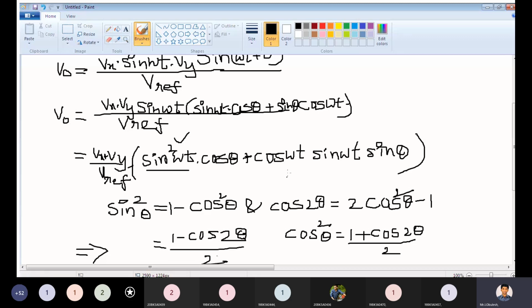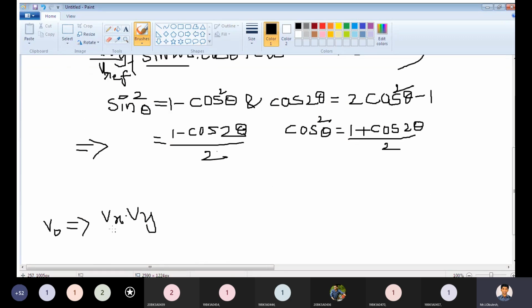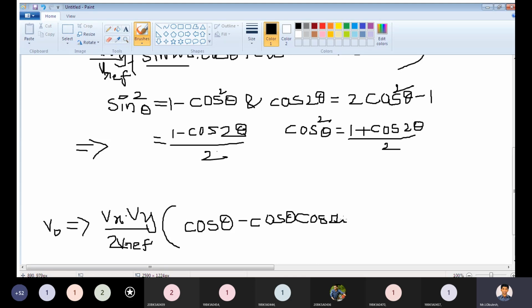We get Vx Vy by 2 V reference into cos theta minus cos theta cos 2 omega t plus sin theta sin 2 omega t.